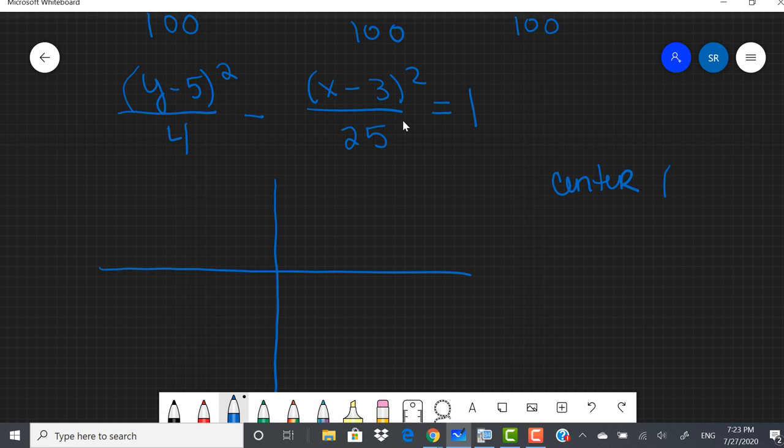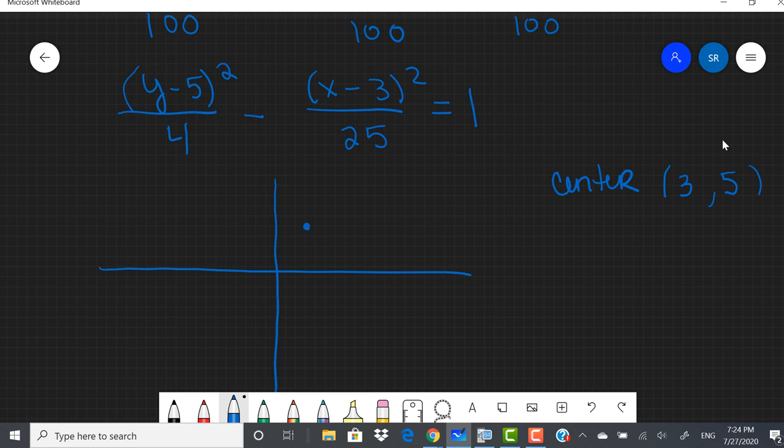That's not how we always write a point, x, y. So this is going to be at 3, 5. That is where my center is. Be careful with your x's and y's when they're flip-flopped in order here. x always comes first, then y. So I'm going to go over 3 and up 5. So there is my center.